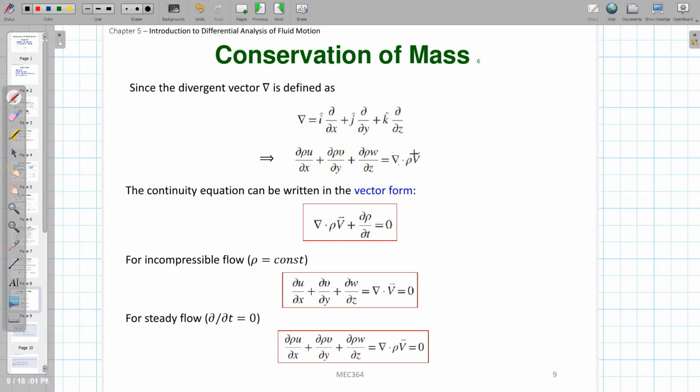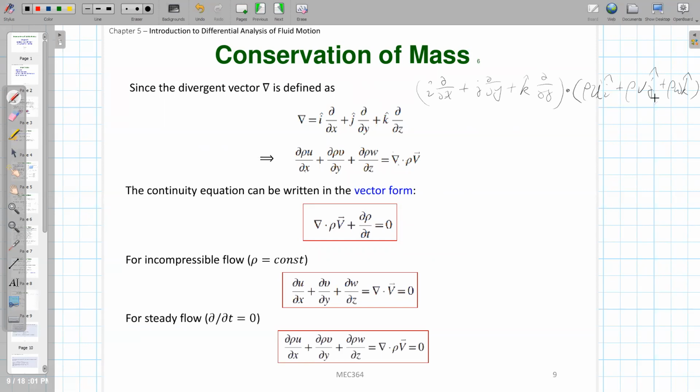times rho v. Because del is i of partial x plus j of partial y plus k of partial z, if you do a vector product with rho v, which is rho u i plus rho v j plus rho w k, the i times this one leaves only rho u, because i and j, i and k are perpendicular.